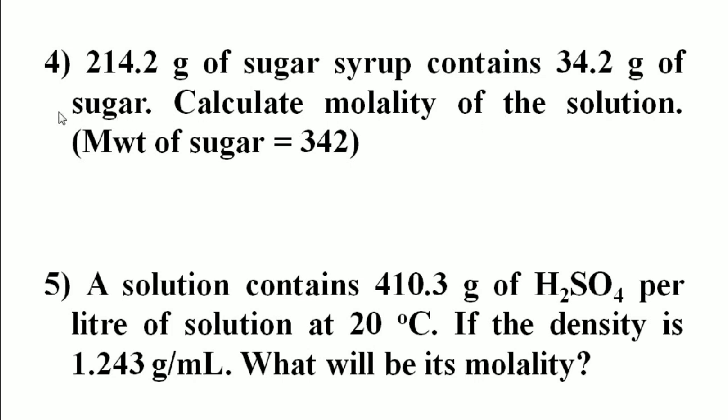Its weight is given as 34.2 grams and the molecular weight of sugar is given as 342. The mass of the solution, the sugar syrup, is given as 214.2 grams. To solve this problem, we should initially find the mass of the solvent, and only then can we find the molality of the given solution.